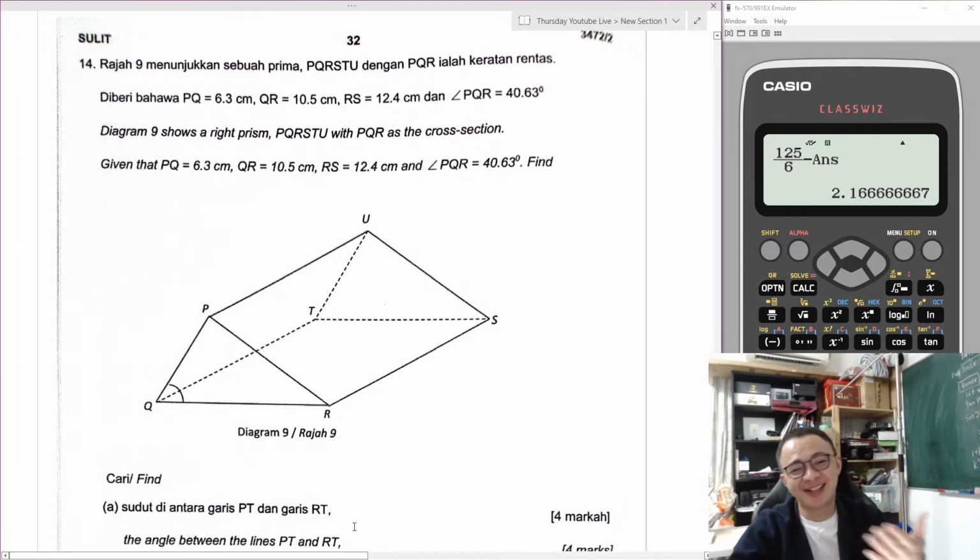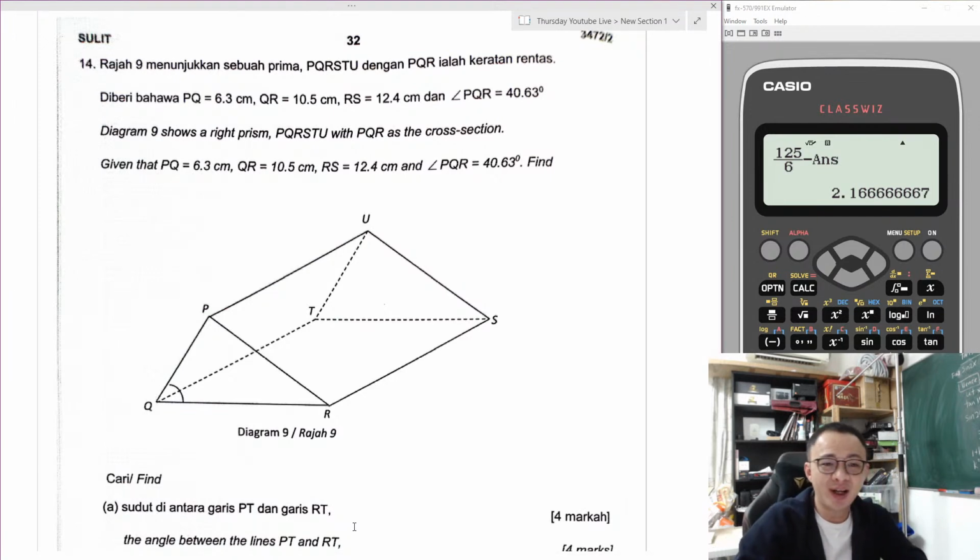Alright, okay, let's do solution of triangle lah. Yeah, you skip index number like I do.